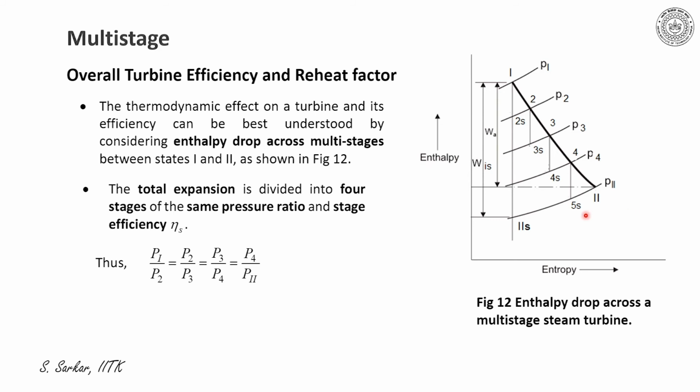So I can now know the pressure drop in each stage. Thus, the total expansion is divided here into 4 stages of the same pressure ratio and the stage efficiency.